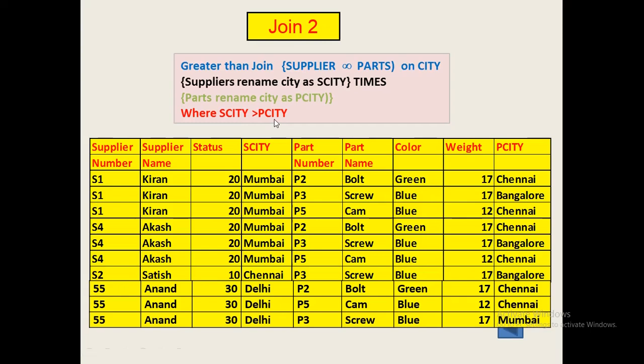It means the first letter of the part city should come alphabetically before the first letter of the supplier city. Meaning thereby, the supplier city Mumbai can only be joined with part city Chennai or Bangalore. Similarly, supplier city Chennai can be joined with the part city Bangalore.